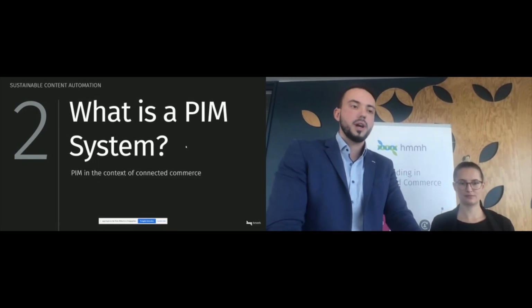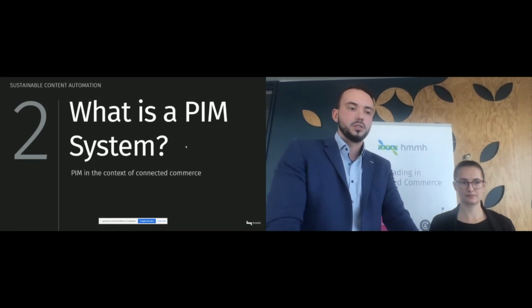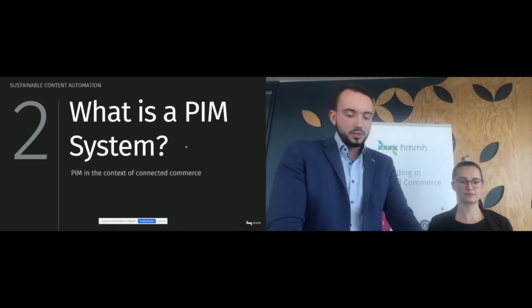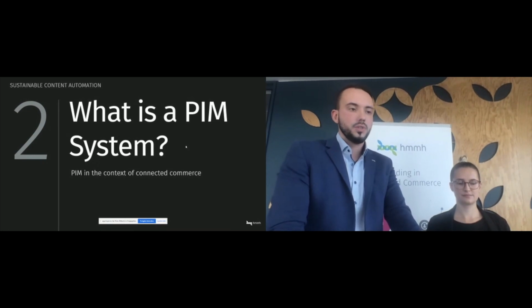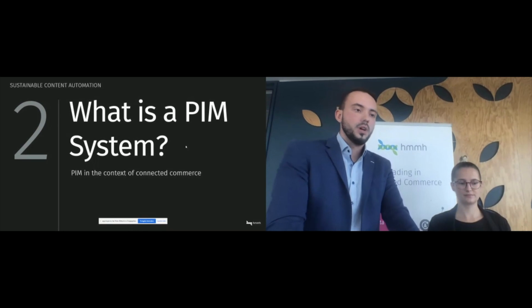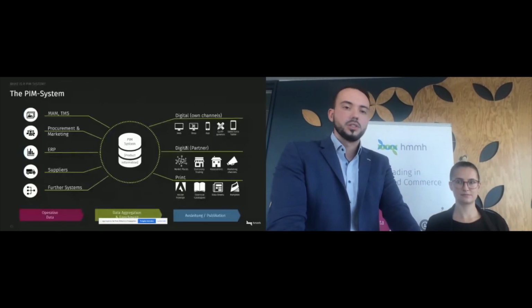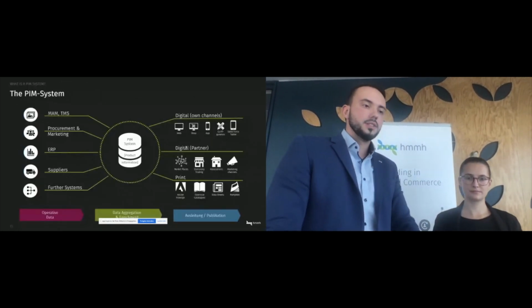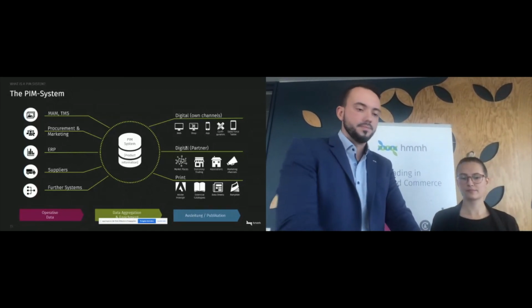And on the right side we have the target systems where we have to export the data to. So the PIM system serves as a single point of truth in the middle for all channels we want to feed, and there's only one system we have to access to maintain our product data and keep the data consistent across all channels. And this is the goal of a PIM strategy.